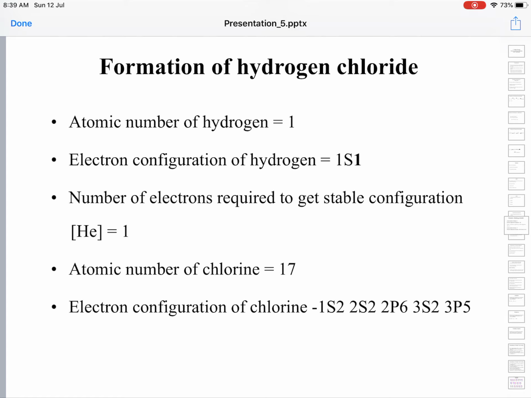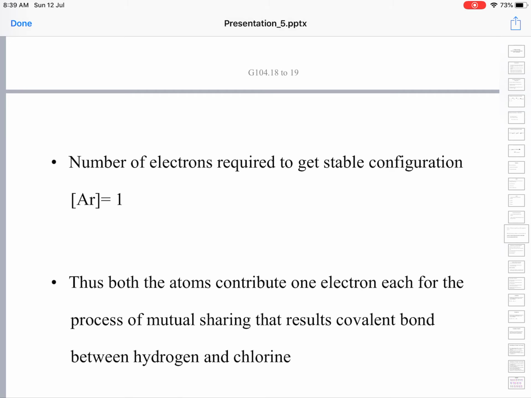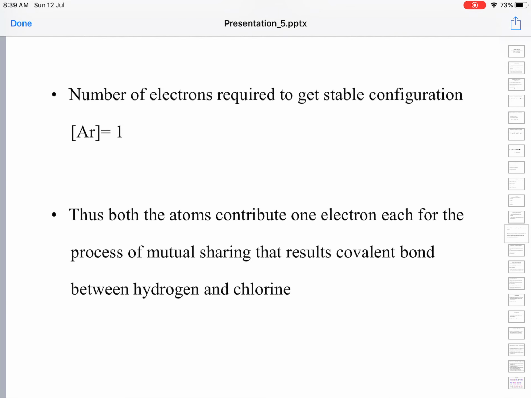How many more electrons does it need to get the nearest inert gas argon configuration? The argon configuration is 3s2 3p6. Chlorine is just 1 electron short of the required argon configuration. So, the number of electrons required to get a stable configuration of argon is just 1.